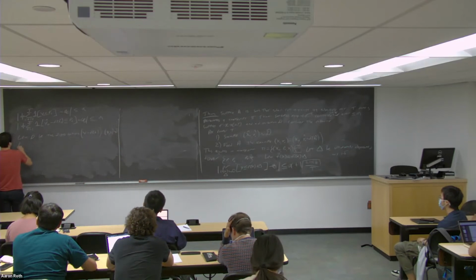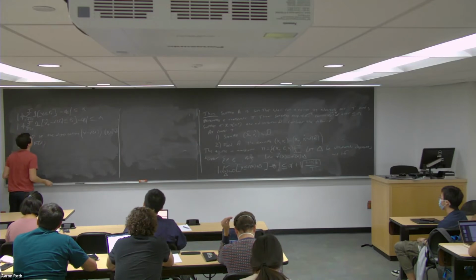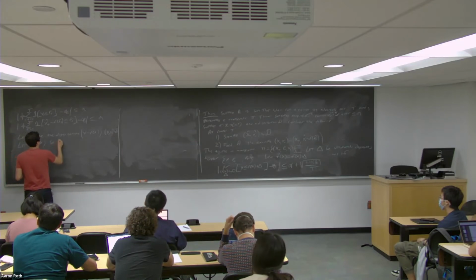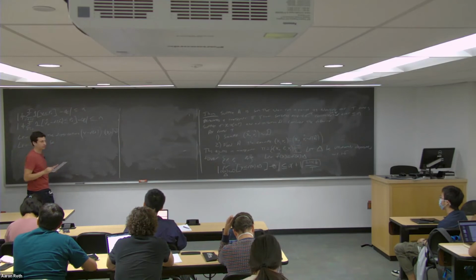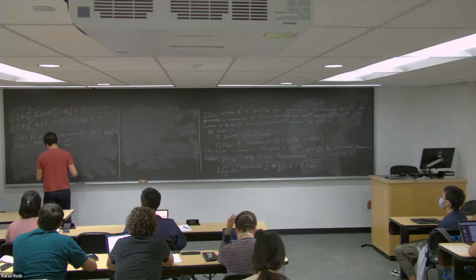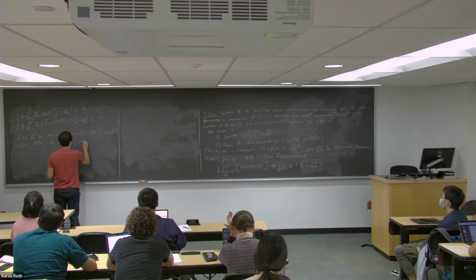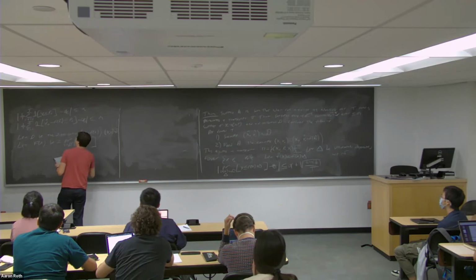And let capital F of x be the CDF of this distribution. So capital F of x is just the probability that, when we draw a label Y from this residual distribution D prime, Y is at most x. That's just the CDF of this distribution we've just defined.